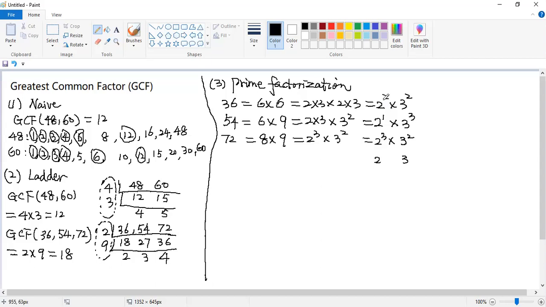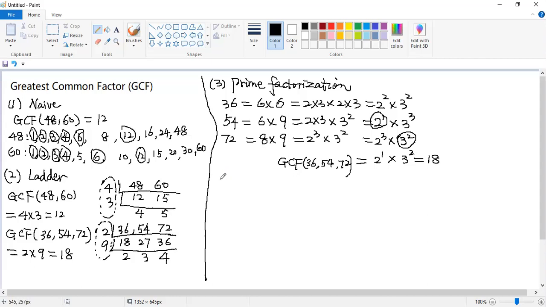For 2, it is 2 to 1. For 3, the lowest would be 3 squared. Then the greatest common factor would be 2 times 9 equals 18. That is the greatest common factor of 36, 54, and 72.